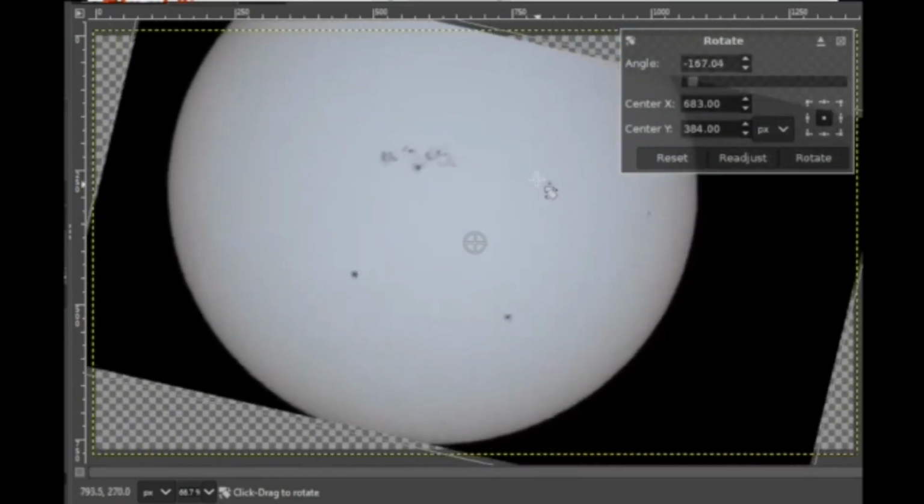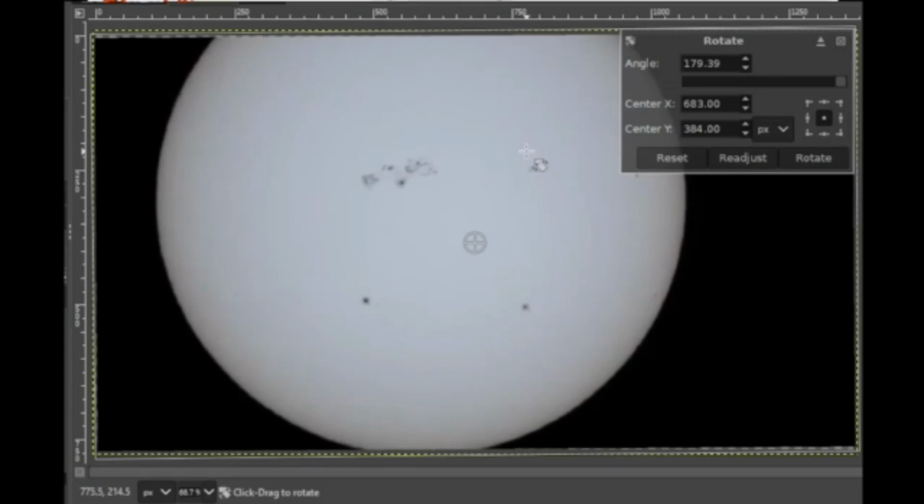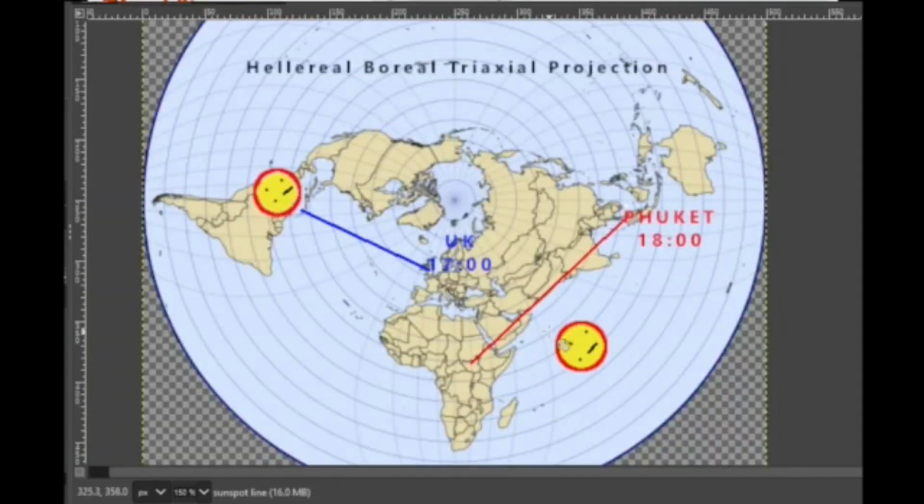So in the morning, that cluster of sunspots would have been on the top left for that observer. And we can see that with the sun over here now, if we extended that blue line to the sun here, we would see that from the observer's perspective in the UK, that cluster of sunspots would indeed be on the top left for that person's view.